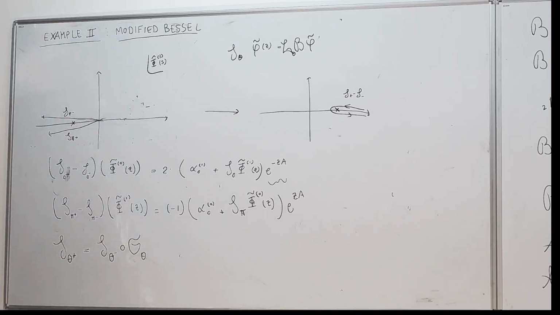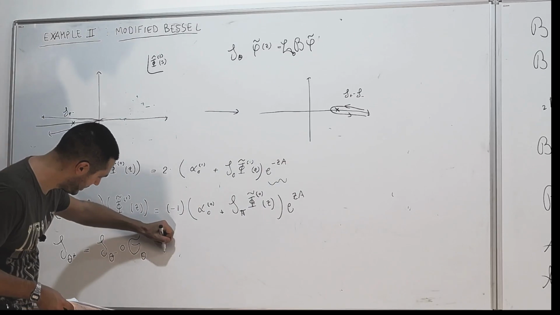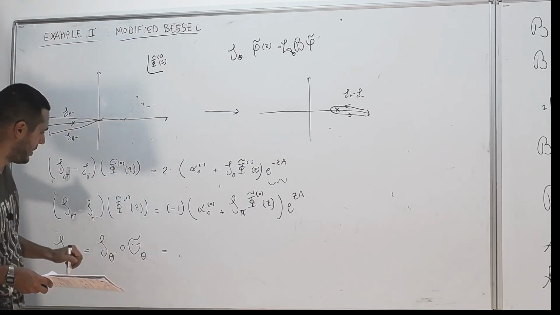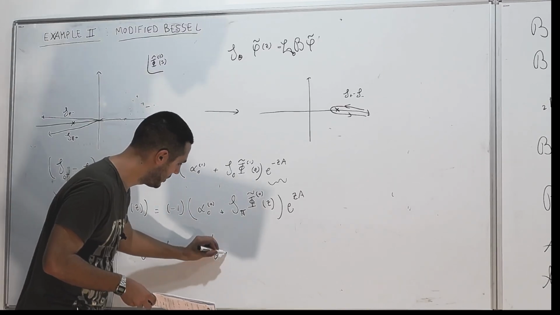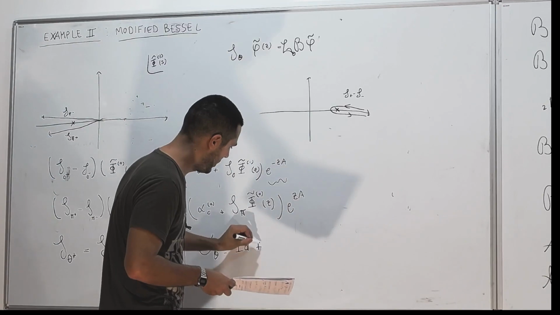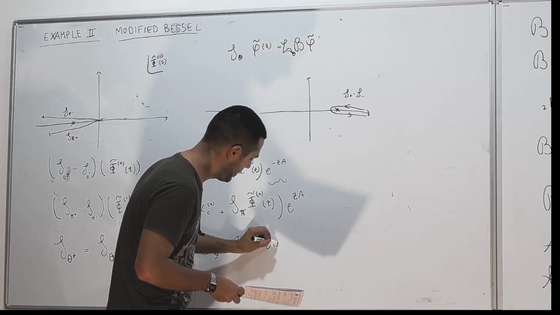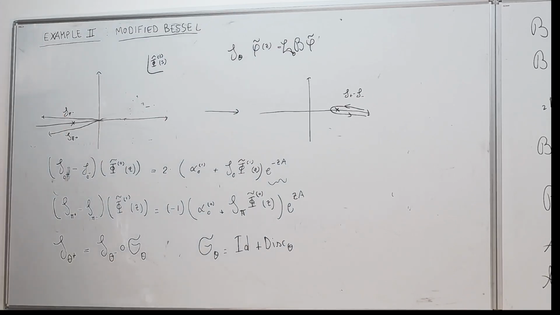So this might seem a bit obscure as a definition, but in the end, it's just saying that we can call the Stokes automorphism the identity plus the discontinuity along the direction theta. So essentially, this Stokes automorphism is computing for us the discontinuity across a given direction.